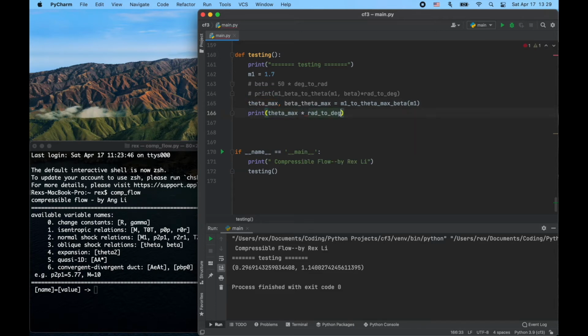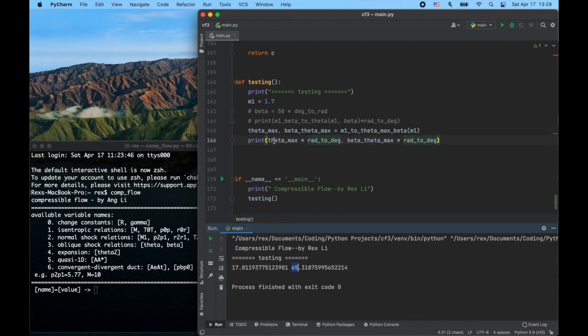So the theta max is going to be 17 degrees for Mach number 1 is 1.7. That is correct. And the corresponding beta value is going to be 65. Yeah, that is correct.